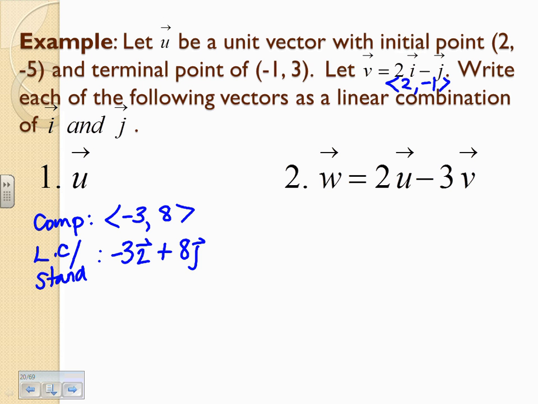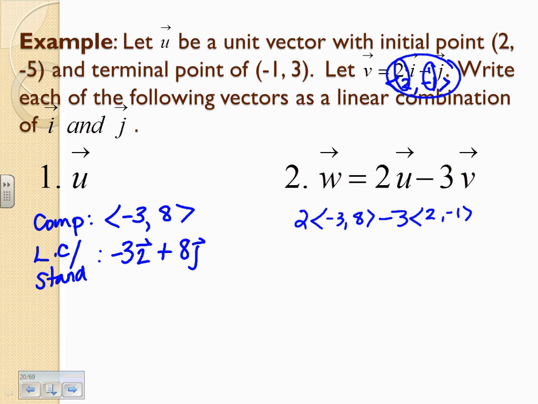All right, so if I was to put this up, this is how I would work at it. I would say 2 times vector u, which we found to be ⟨negative 3, 8⟩. That's what we did in number 1. Minus 3 times vector v, they gave us right here, so it would be ⟨2, negative 1⟩. Because this was in linear combination, you just pull out the coefficients.